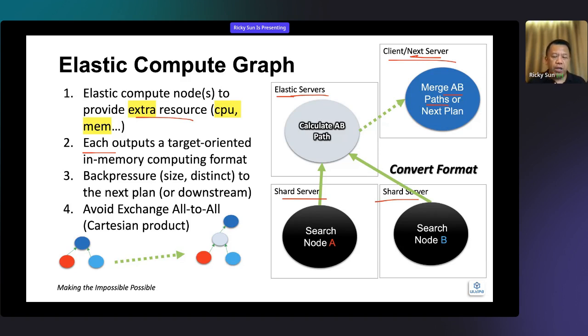But the key thing here is to avoid all-to-all, very much like the cross-join, the Cartesian product. This is to avoid that kind of all-to-all exchange. That's the key thing.